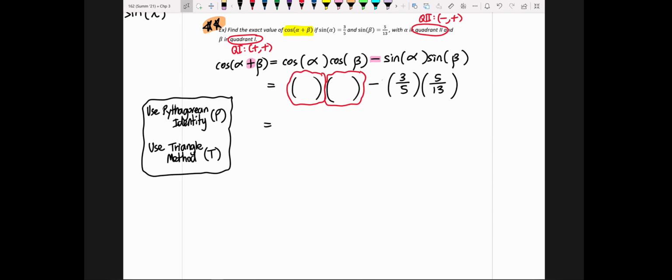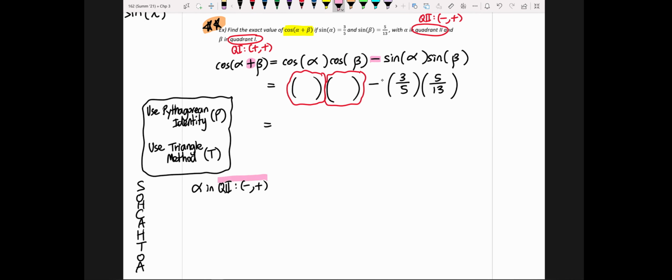Okay, so let me show us. The triangle method means we're using SOHCAHTOA. So for the triangle method, let's note that our alpha is in quadrant 2. In quadrant 2, x is negative, y is positive.